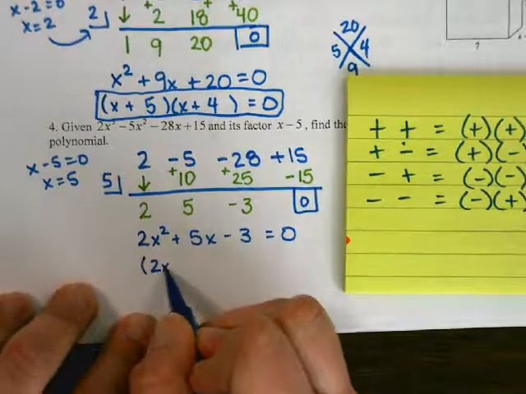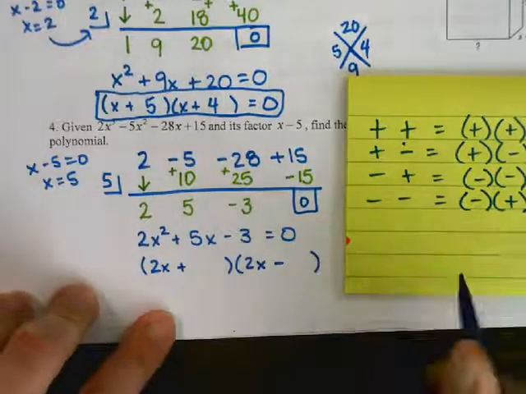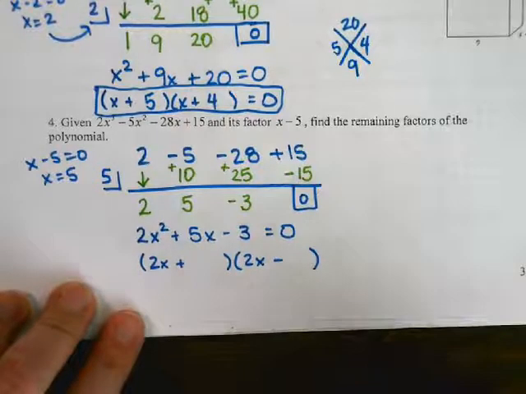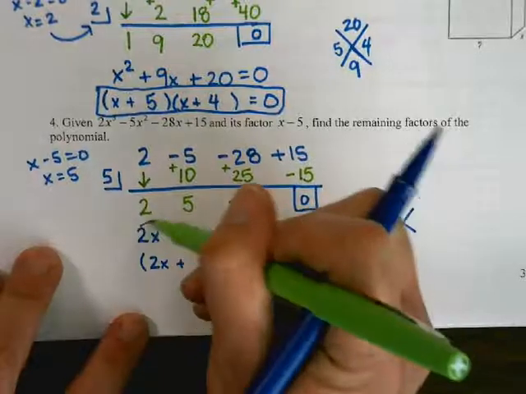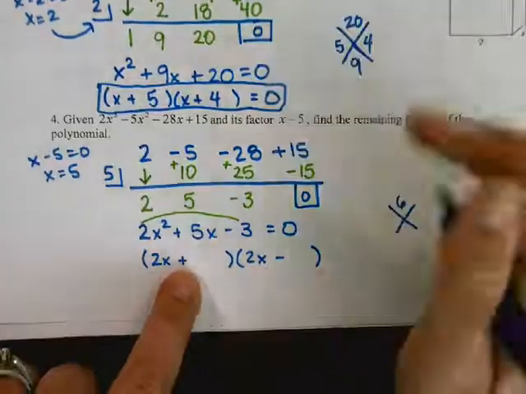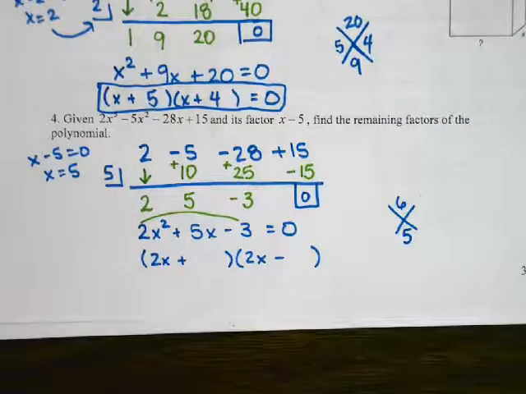Don't forget that we need to put a 2 in both of them. And then we're going to multiply the first and the last. So 2 times 3 is 6. I need two numbers that multiply to 6. The signs in the parentheses are different, so they subtract to give me 5. 6 and negative 1.